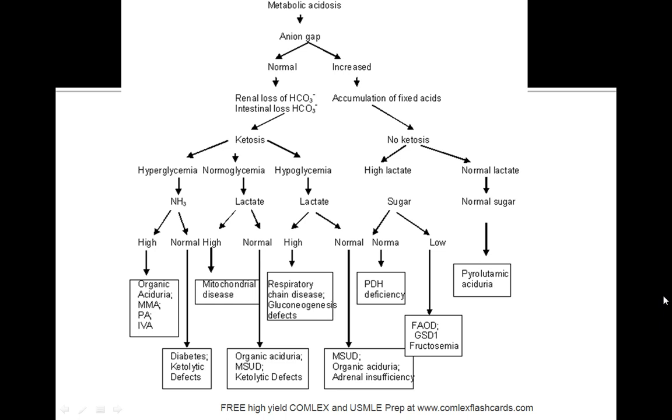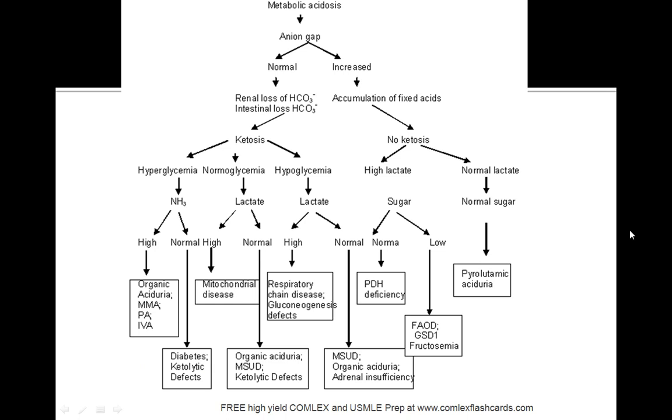So let's recap everything and look at this algorithm here. Okay, if you have an increased anion gap, first thing you're looking at is whether there's ketosis. If there's ketosis, then you're going to be looking at causes of DKA and so on. And if you want to go further, you can order an ammonia level to make your differential even more specific.